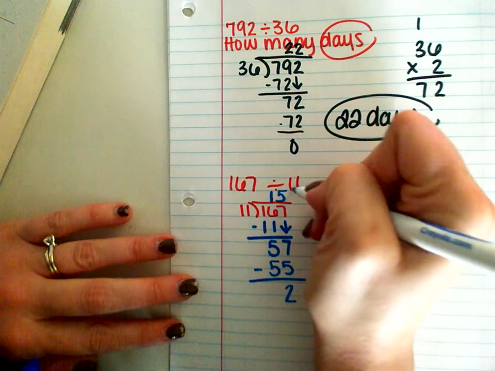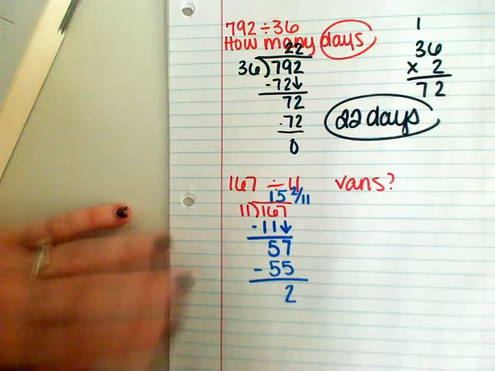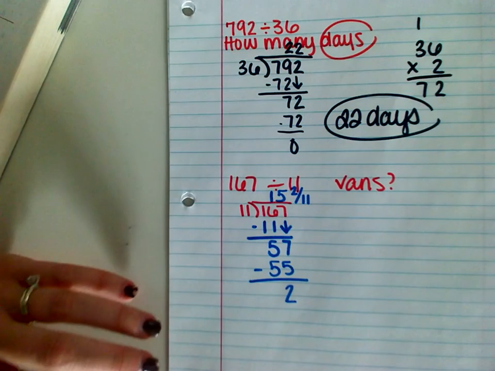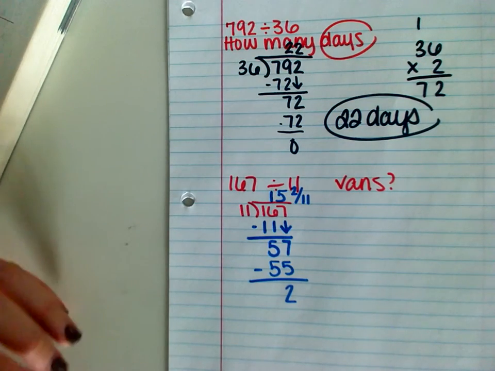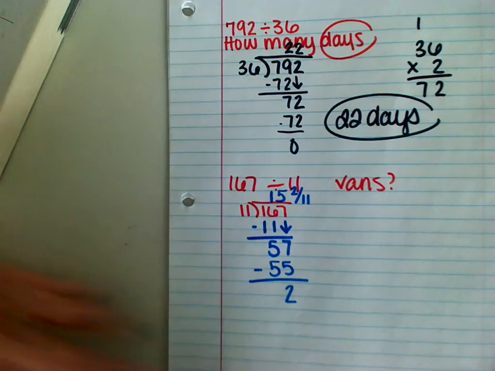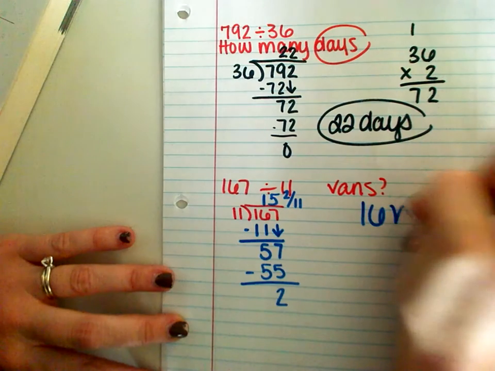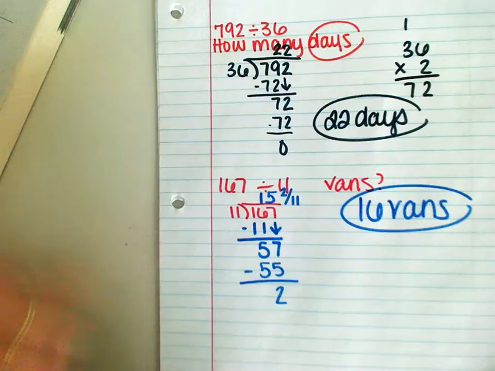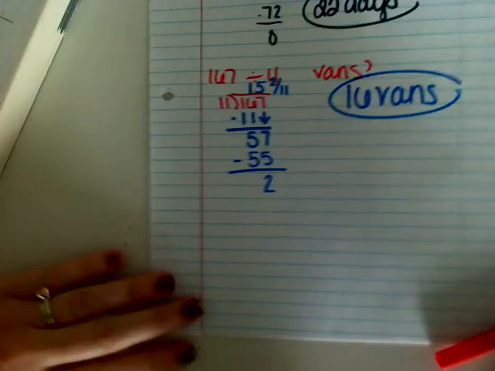Okay, so we got 15, remainder 2. So we have 15 and then 2 left over. How many vans do we need to get? 16. Good job. We don't want to leave any children stranded. 16 vans. And one more, okay?